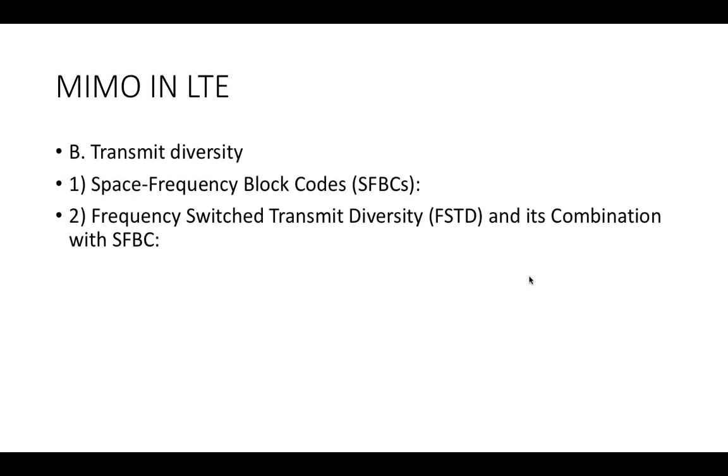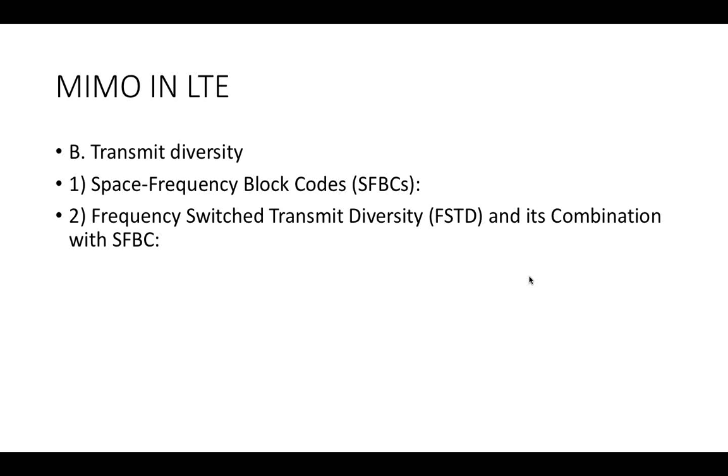The second aspect we are talking about is transmit diversity. We will discuss two transmit diversity technologies. The first is space frequency block codes. The second is frequency switched transmit diversity. The first one, SFBC, is a frequency domain version of the well-known space-time block code.